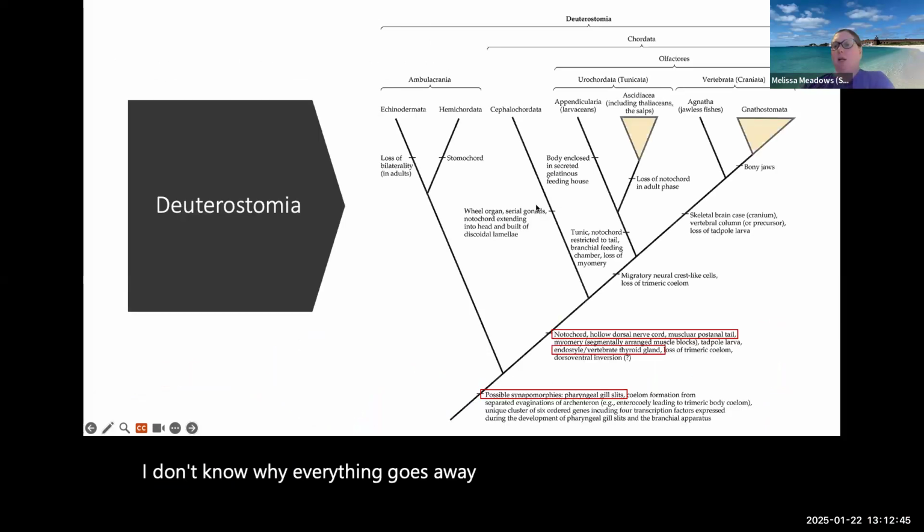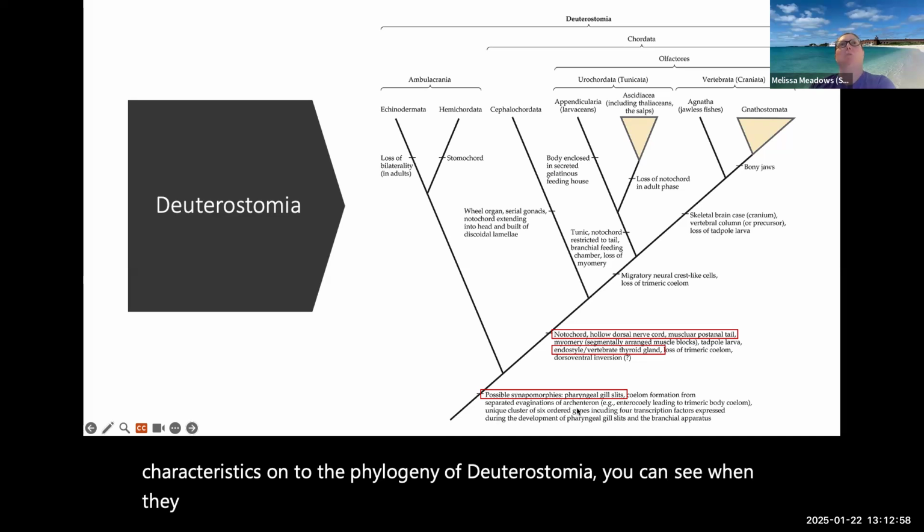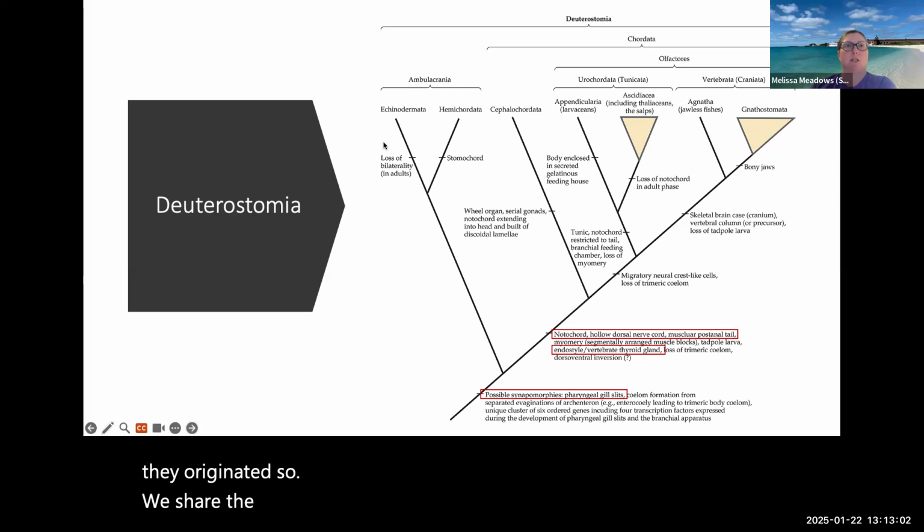But anyway, if we map those characteristics onto the phylogeny of Deuterostomia, you can see when they originated. So we share the pharyngeal gill slits, let me go back to my little laser pointer.